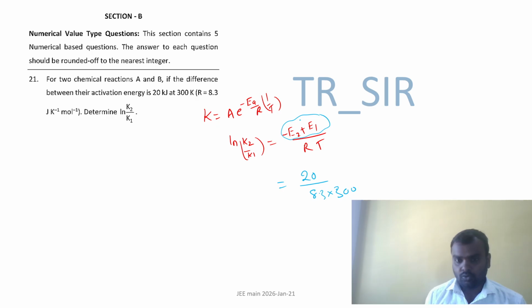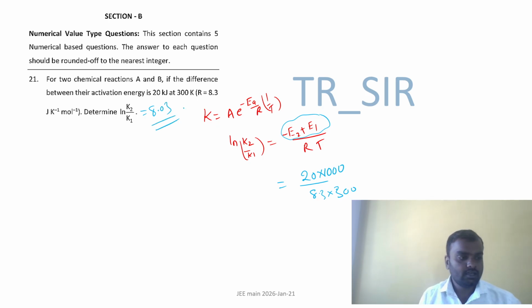Then we have to convert 20 kilojoules into joules, so into 1000. So 8.03 is coming. 8.03 is the answer for this question, guys.